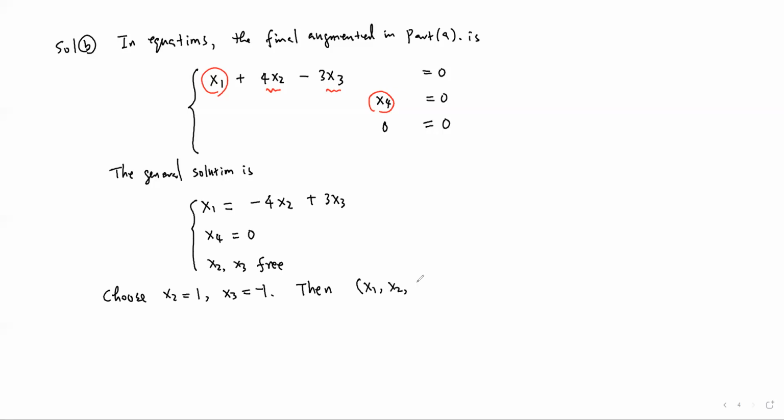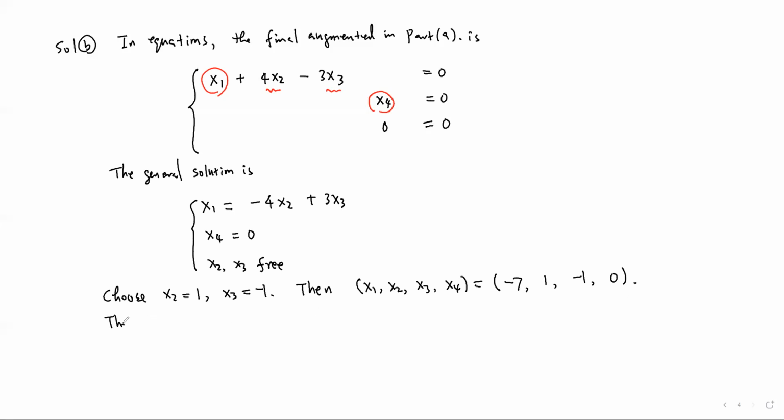Plug in 1 in x2, -1 in x3. Then I get x1 is -7. x2 is 1. x3 is -1. How about x4? Always 0. One particular solution.